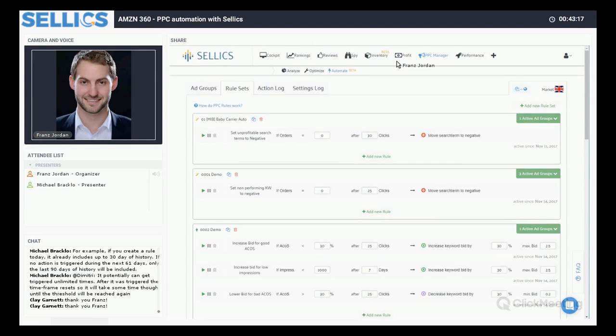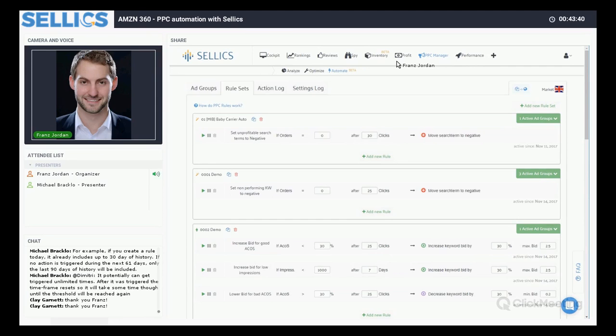That is what we feel is very intriguing. The big change with those rules is that instead of logging into your PPC manager every day or every week, all you need to do is set up the rules once, and then we will take care of adjusting the campaigns every day.